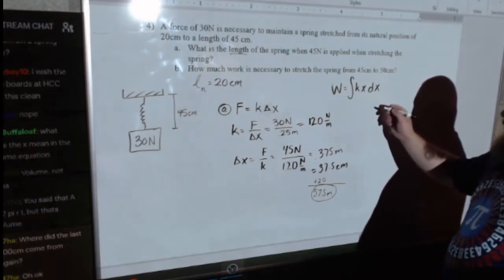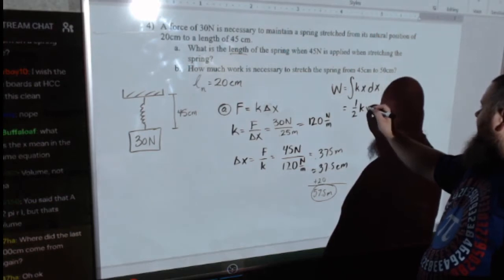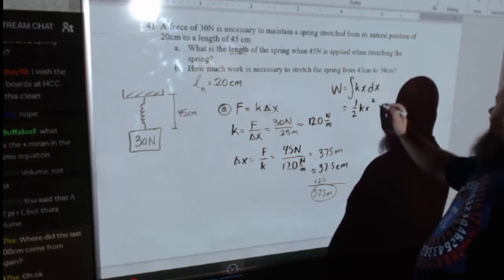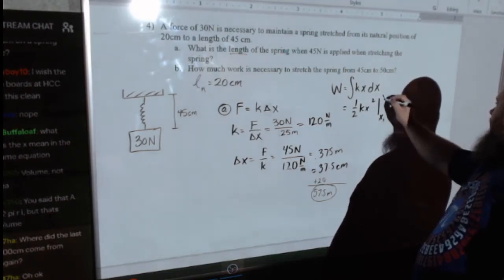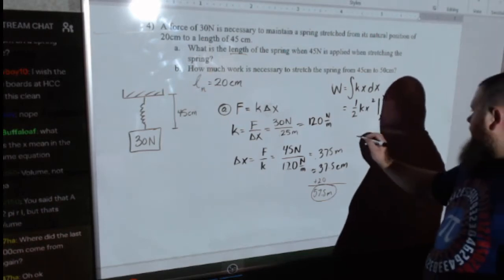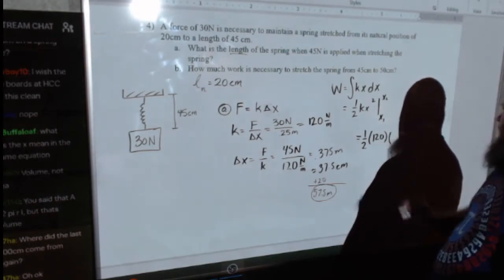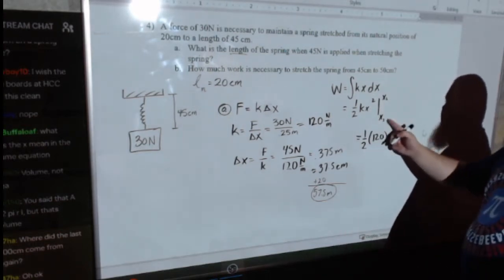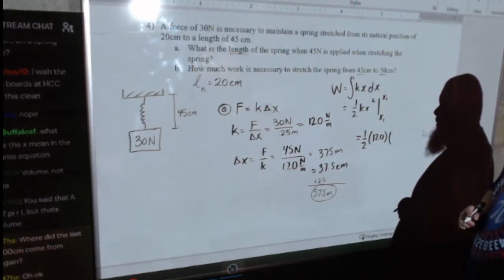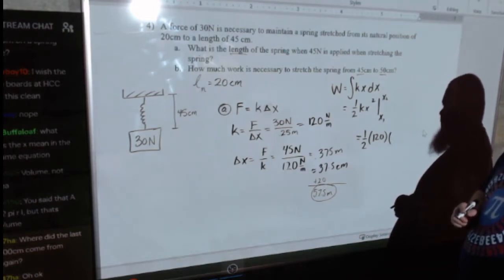Alright, so if we use this for our work equation, then we get 1/2 kx squared, and then we have to integrate that from x1 to x2. So this is 1/2 times k, and then my x values are not 45 and 50, but rather their distance from the natural length.